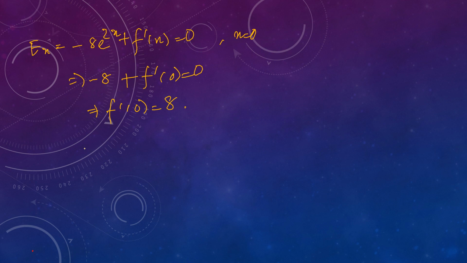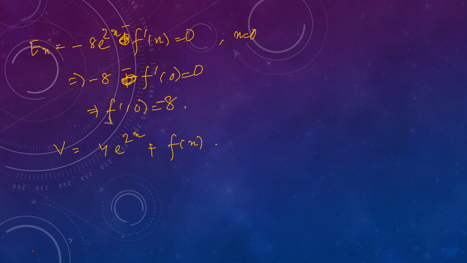Now, potential is how much again? 4 e to the power 2x plus f(x) minus 3y square. Okay, there is a mistake here. This one should be minus 1, so minus 8.